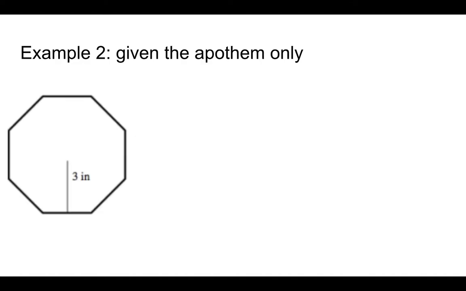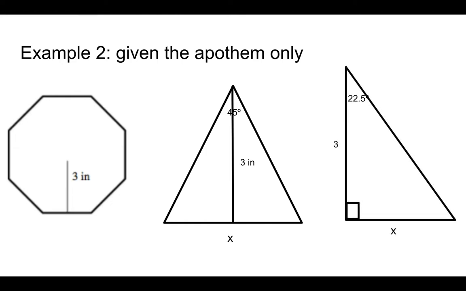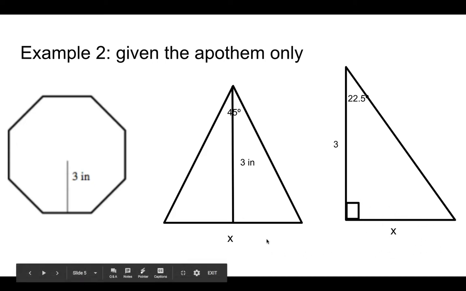Now, in the second one, we're given an apothem, and we need to find our side length. We're going to start out the same way because it's the same shape. We have a triangle with 45 degrees, and this time we already have our apothem, 3 inches. We want half that triangle again because we want a right triangle so we can do trig. Notice this x is going to be half of the actual side of the octagon, so we're going to have to multiply that x by 2 at the end.